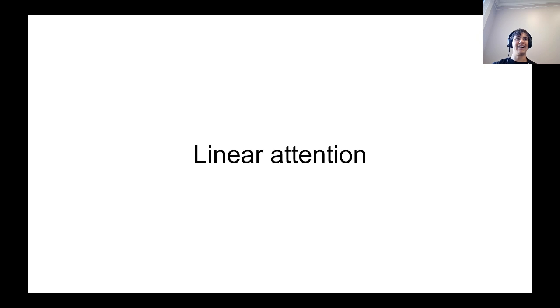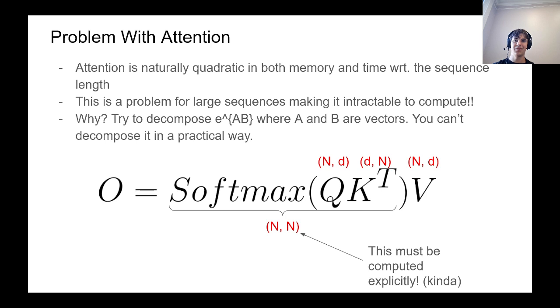Linear attention. This is something I think is interesting. Something I'm doing research on right now, kind of. So, the problem with attention: if you look at attention, you will notice there is a big problem.